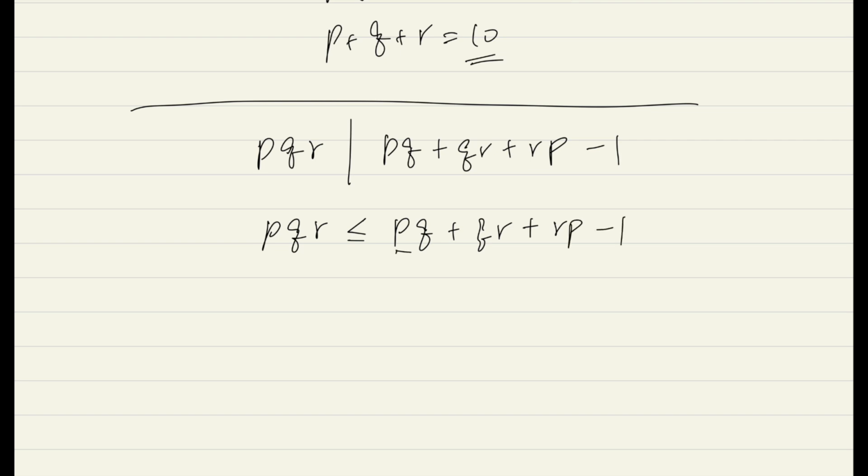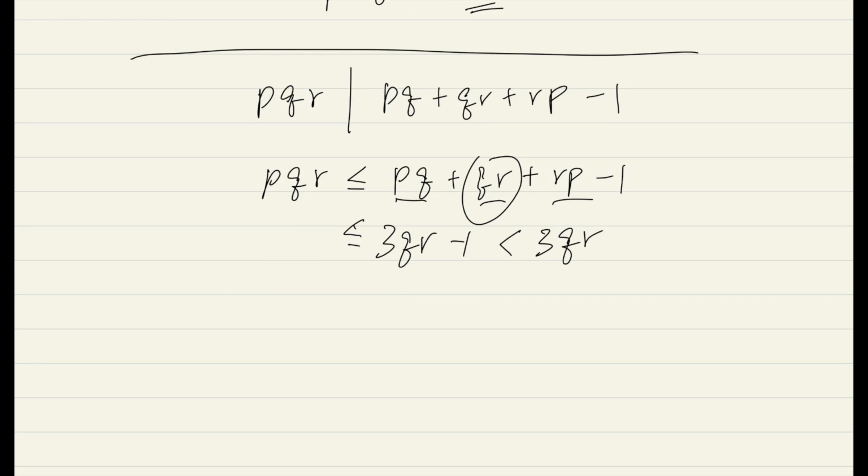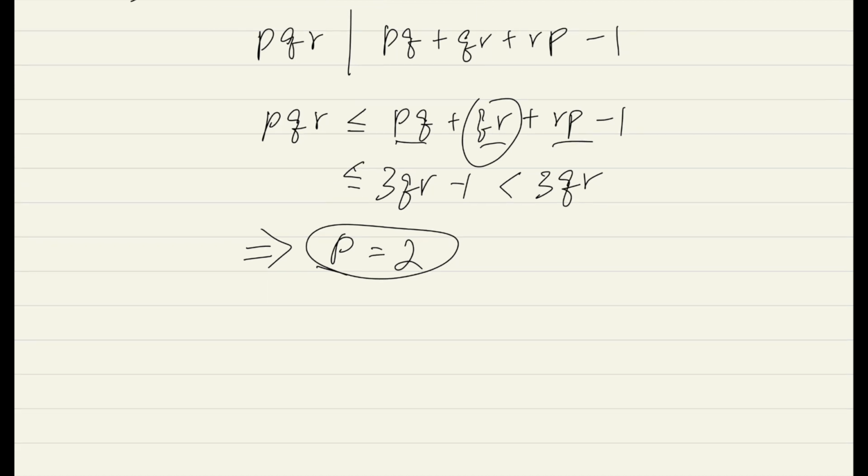Comparing these three terms, the biggest one will be QR. So this is also less than or equal to 3QR minus 1, which is strictly less than 3QR. This gives us that P can only be 2.